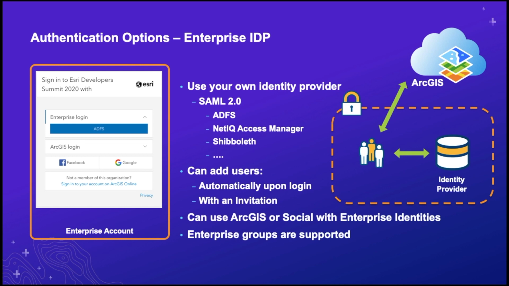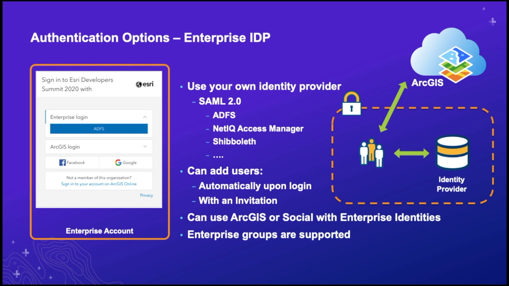Once they've logged in successfully, there'll be a trusted exchange back to ArcGIS Online to allow that user into the organization. We have documentation on how to set up the most popular SAML 2.0 identity providers out there, things like ADFS, NetIQ, Shibboleth, and so on. But there's more out there that can also be integrated with online.